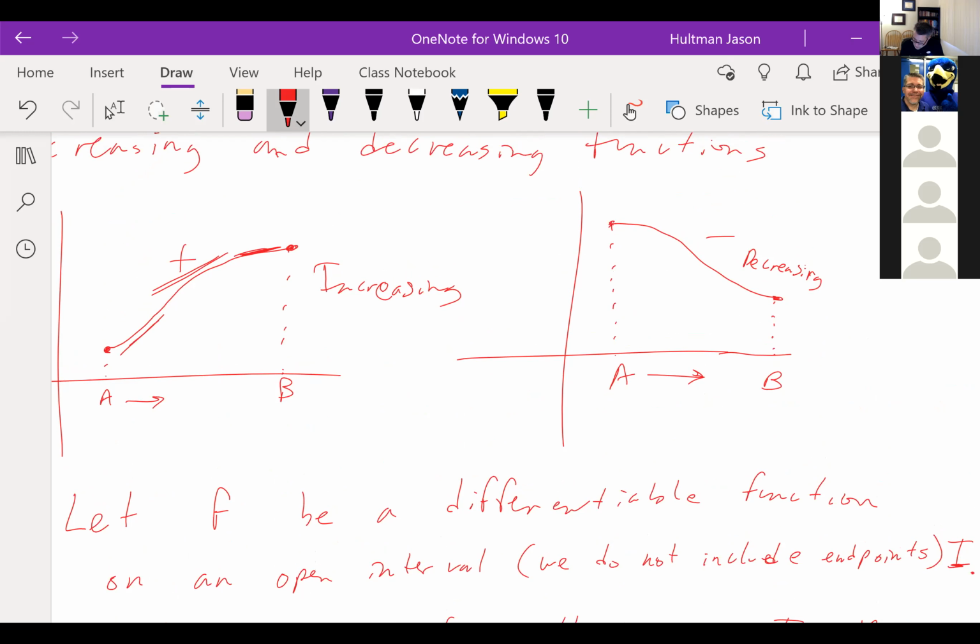Whereas if the derivative is always negative, if the slope of the tangent line is always negative, then it's decreasing.